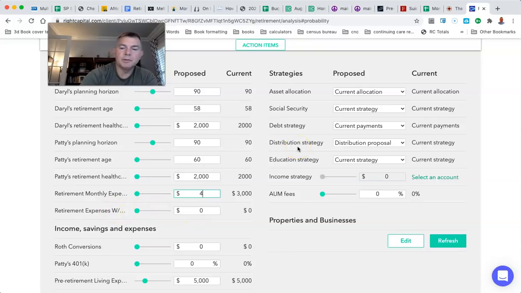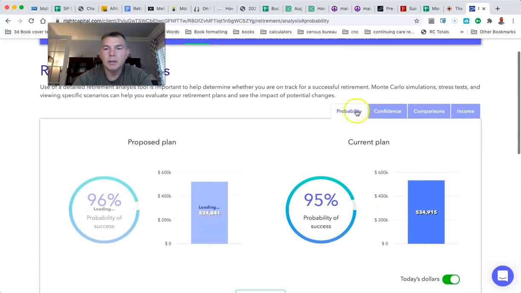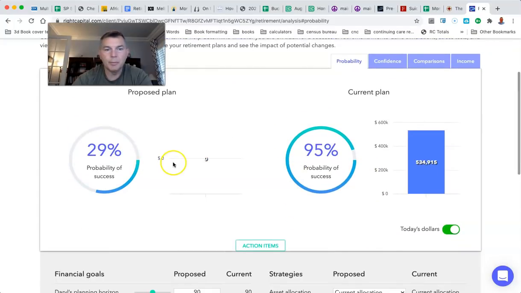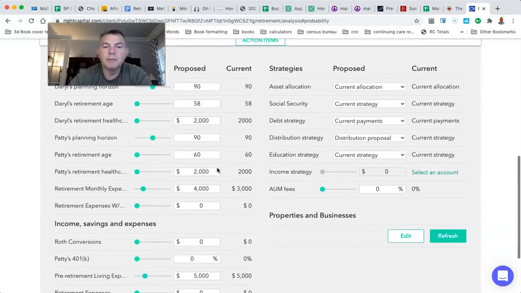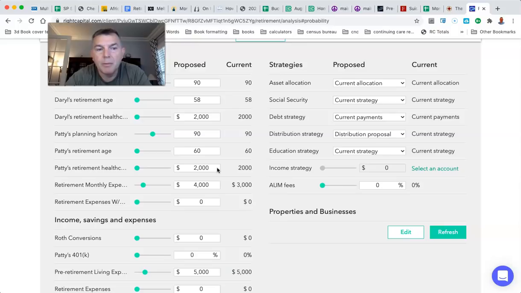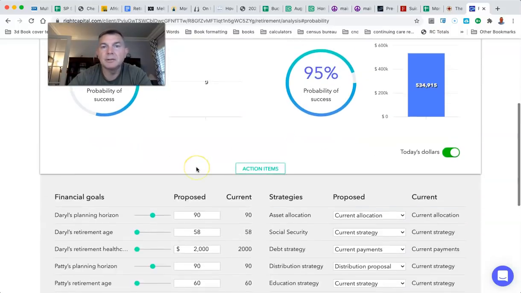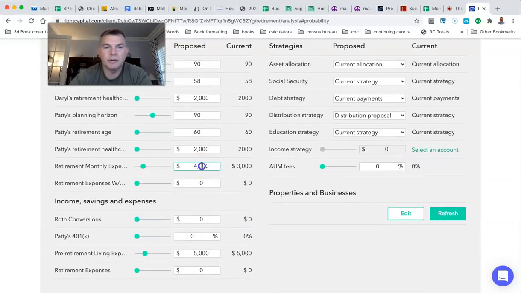We're going to go to 4,000 retirement monthly expenses as opposed to 3,000, and what does that do there? Let's look at the proposed plan, and it drops to 29%. So that difference between 3,000 and 4,000, that's a 33% bump. If they had 4,000 a month for the rest of their life, there's going to be a challenge for sure. But they're not going to. We've already talked about this.